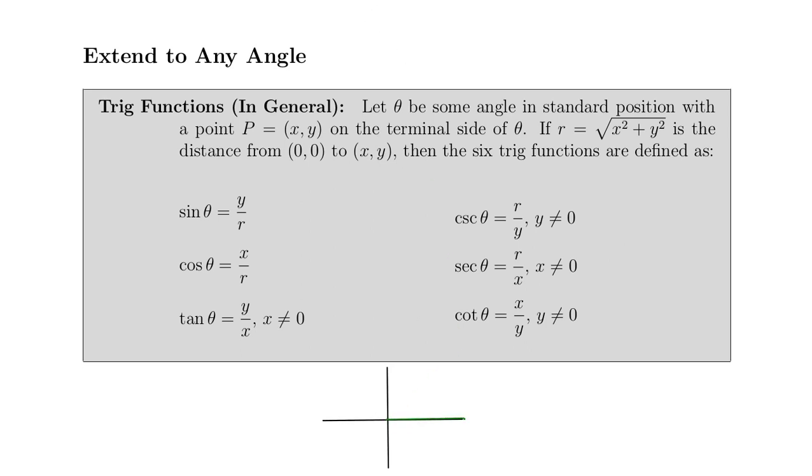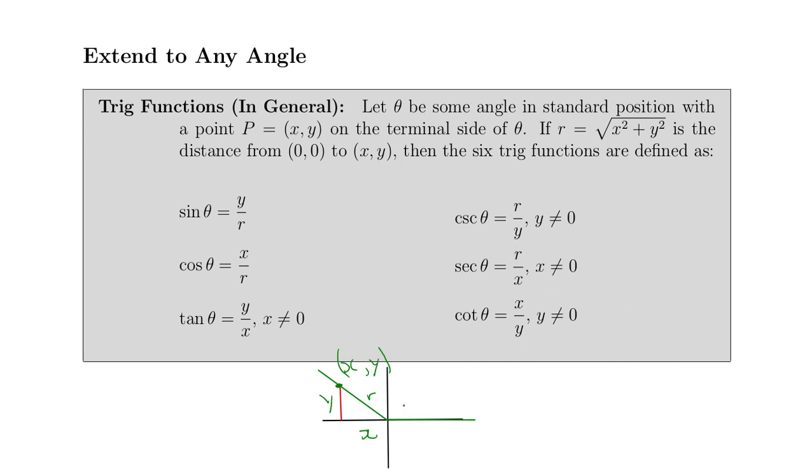So I'm going to have some sort of an angle with an initial side and a terminal side over here. And we're going to put some point here. We're going to drop some vertical line down here. And we're going to say that point is x comma y. So this is just filling in the stuff that we had before.